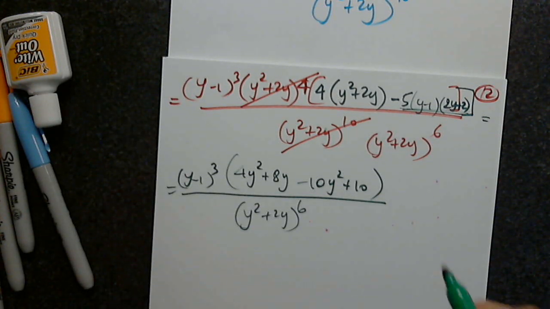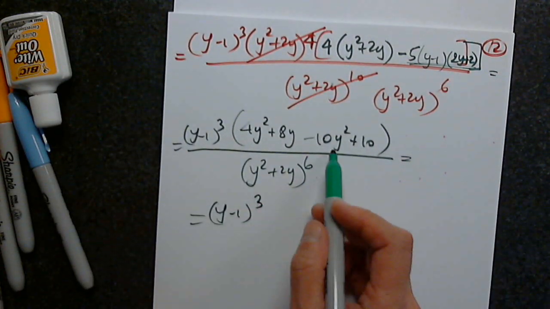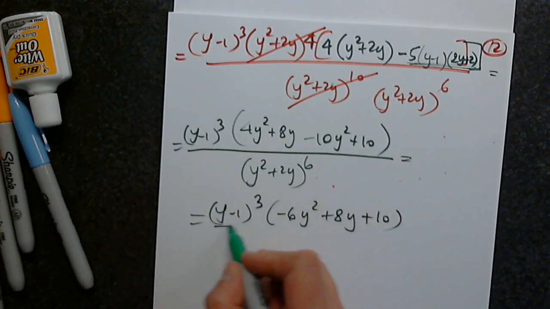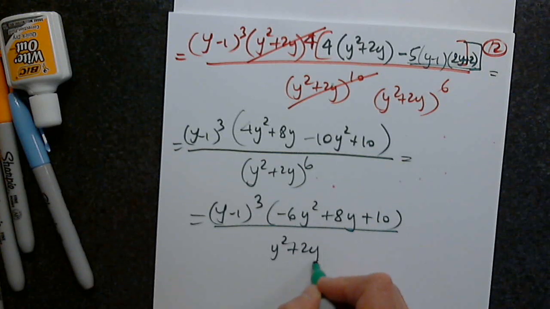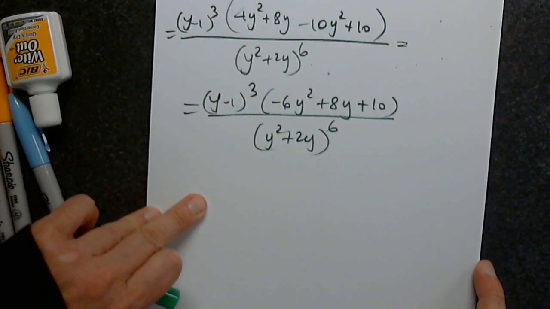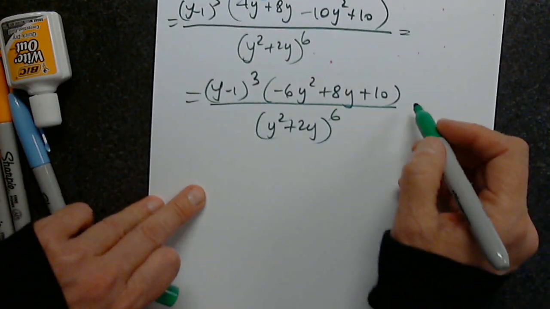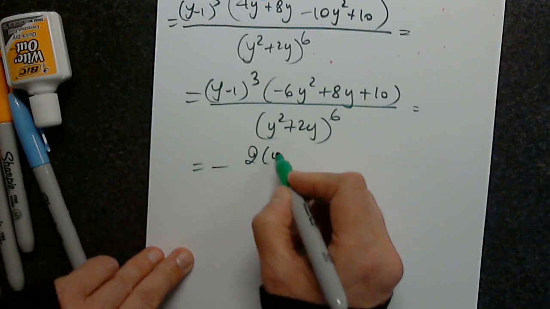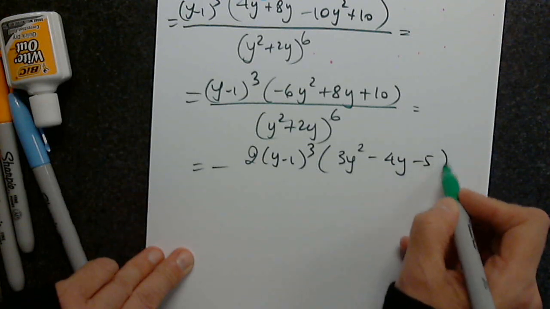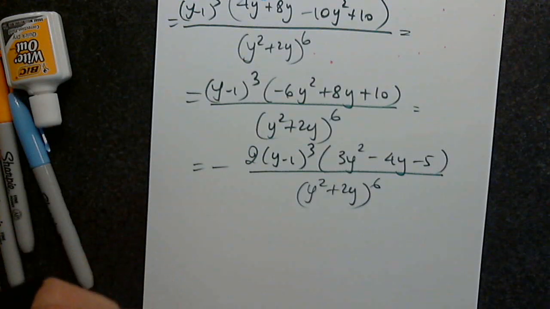Okay. So finally, we'll simplify in parentheses, and it's done. Y minus 1 to the third, this is negative 6y squared plus 8y plus 10, over y squared plus 2y to the 6th power. My preference is to factor out a negative 2. So I will factor out negative 2, y minus 1 to the third, 3y squared minus 4y minus 5, everything over y squared plus 2y to the 6th.